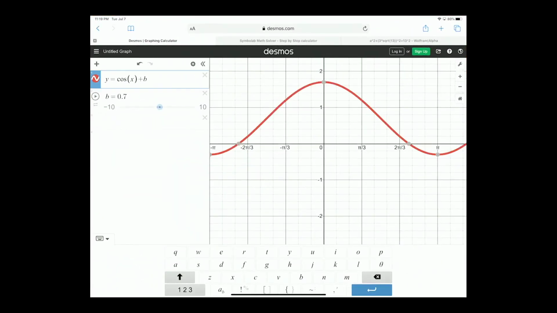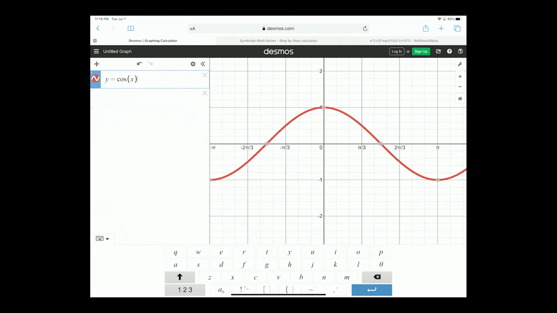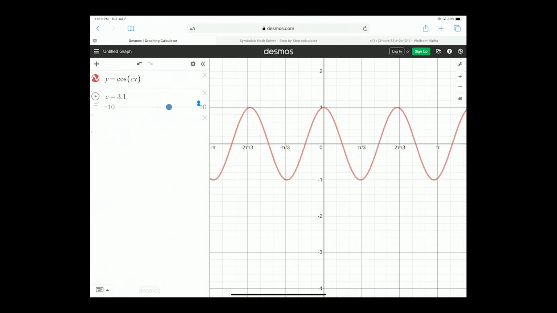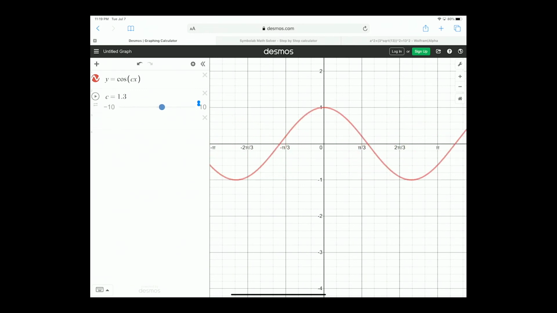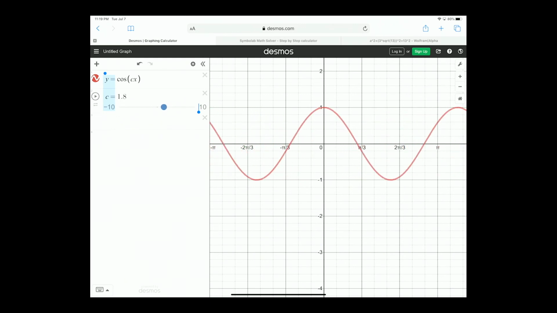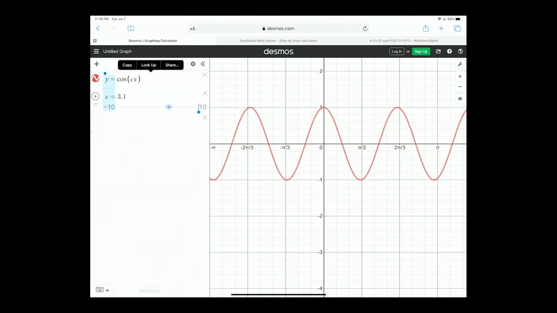So if I come back up here, let's get rid of that. Let's put a c there. Okay, so let's see what happens. So when c goes up, the graph is going to get skinnier. See? So the bigger the c, the skinnier the graph gets, and we call that compression.